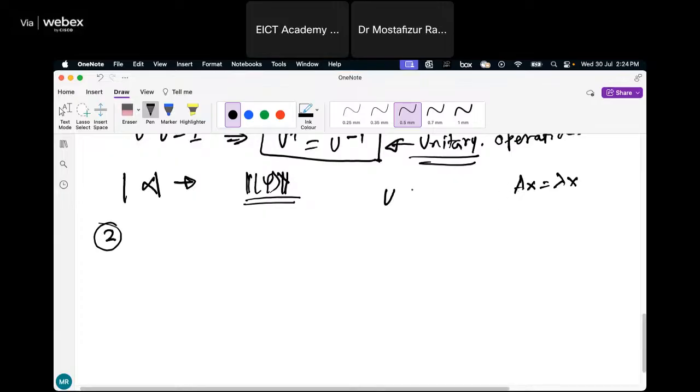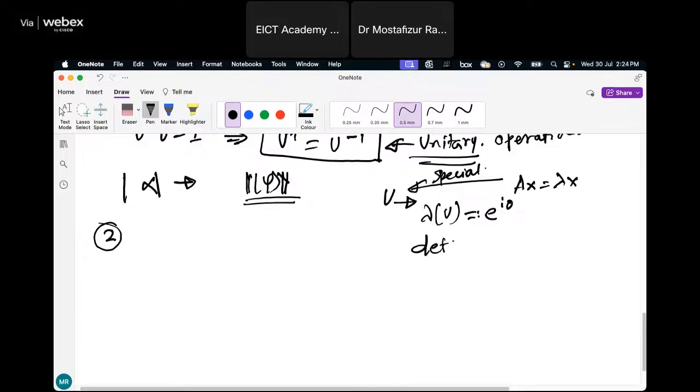And if that matrix is a unitary matrix, then we can represent its eigenvalue, that is lambda of this U matrix, as e to the power i theta. That means the modulus of the eigenvalues equals 1.